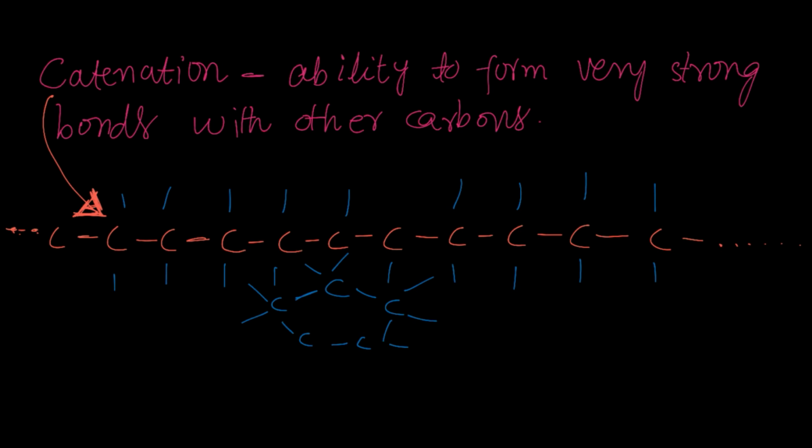Now due to these two properties, carbon can make long, stable, branched and unbranched chain structures which act as skeletal systems. That means a backbone for making different types of organic compounds.